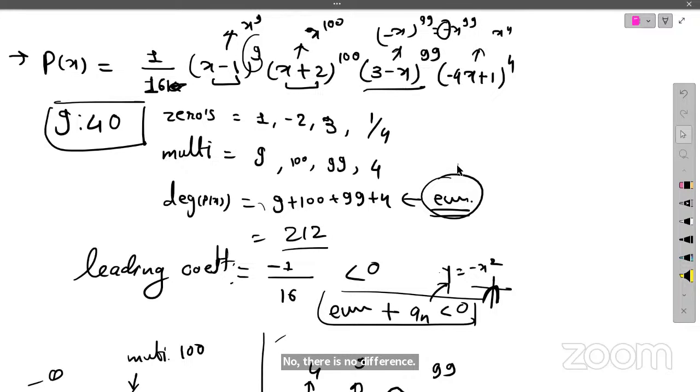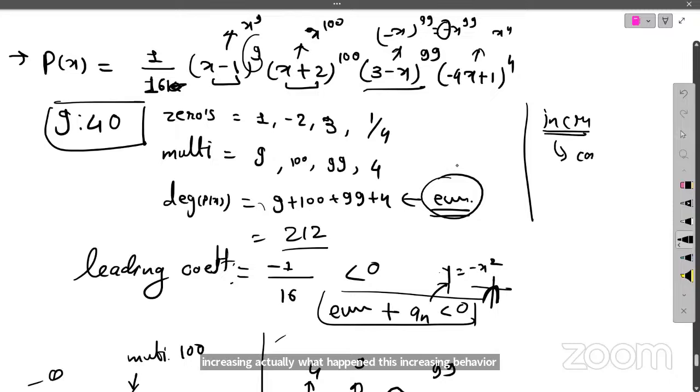So, when we know the zero of a polynomial and we are saying that the graph is strictly increasing at this point, what does that mean? Actually, increasing behavior includes constant behavior also. Constant behavior is not changing, neither decreasing nor increasing. But if they say strictly increasing, they are excluding this constant behavior. That means the value should only increase. It should not stay constant.